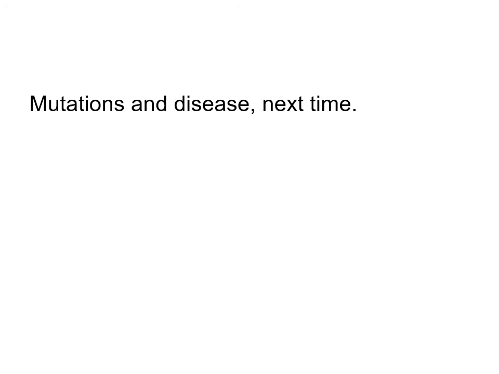So the reason frameshifts are a problem is not really that they give you the wrong protein, but that they give you a short protein, because it's going to read out of frame until you get to a stop, which is going to be pretty soon, and that's going to stop the protein. We will talk about mutations and diseases more next time.